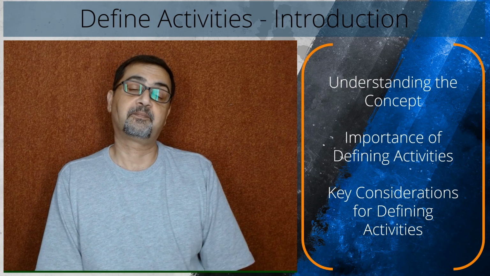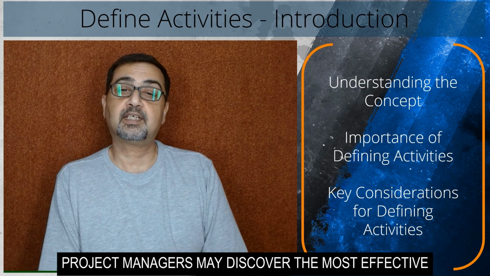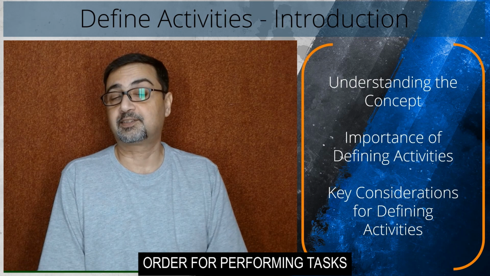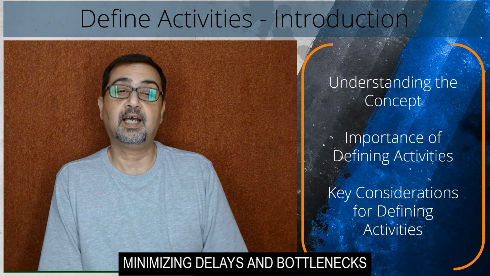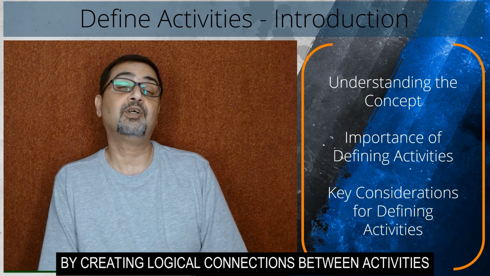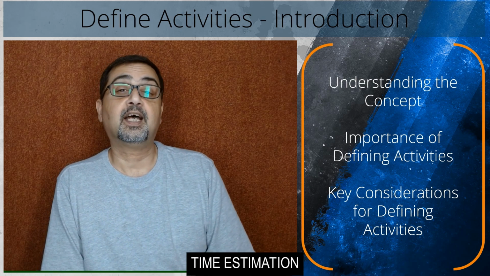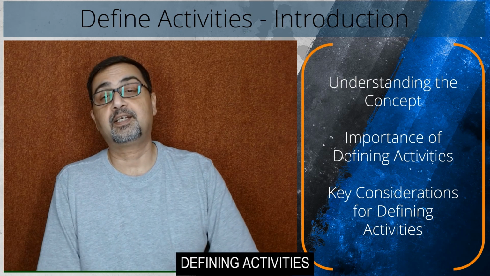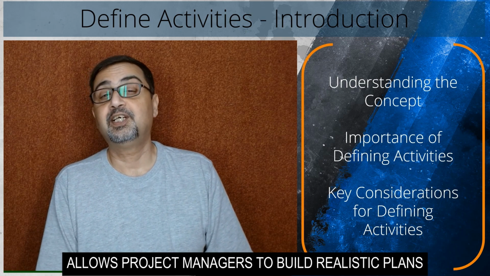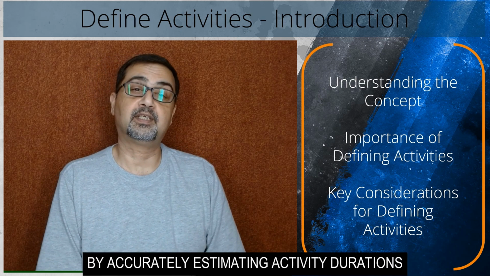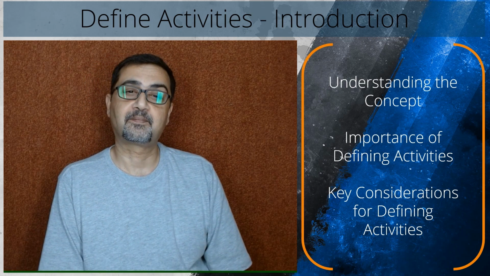Task sequencing: project managers may discover the most effective order for performing tasks, minimizing delays and bottlenecks by creating logical connections between activities. Time estimation: defining activities allows project managers to build realistic plans and timeframes by accurately estimating activity durations.